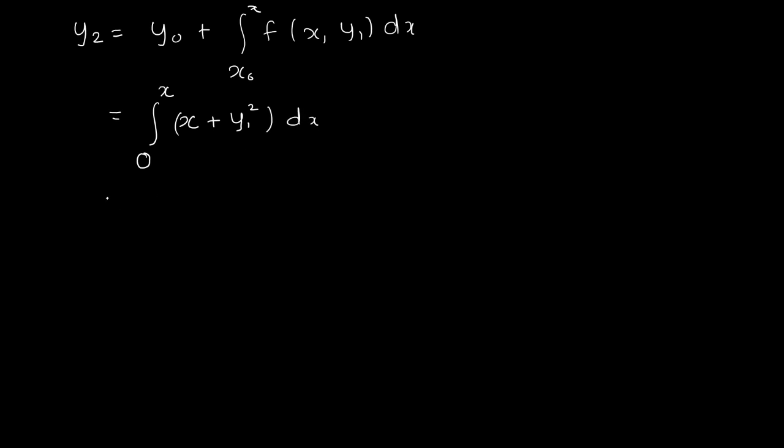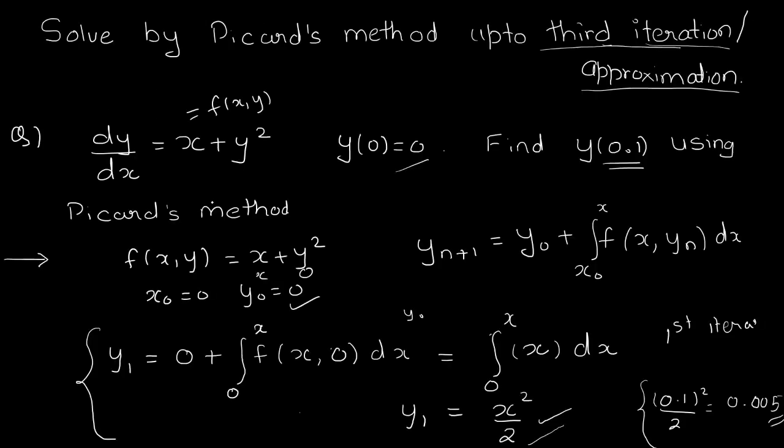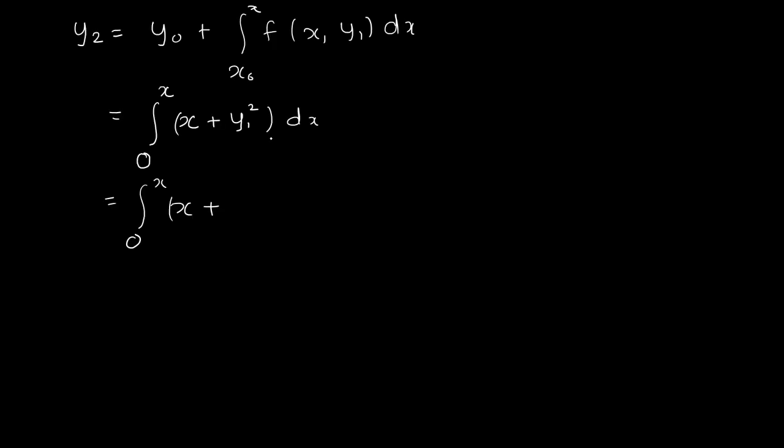Okay, dx. Now it is 0 to x plus, now what is my y1 square? Y1 is x square by 2, its square will be x raised to 4 upon 4. So y1 square will be x raised to 4 upon 4 dx.